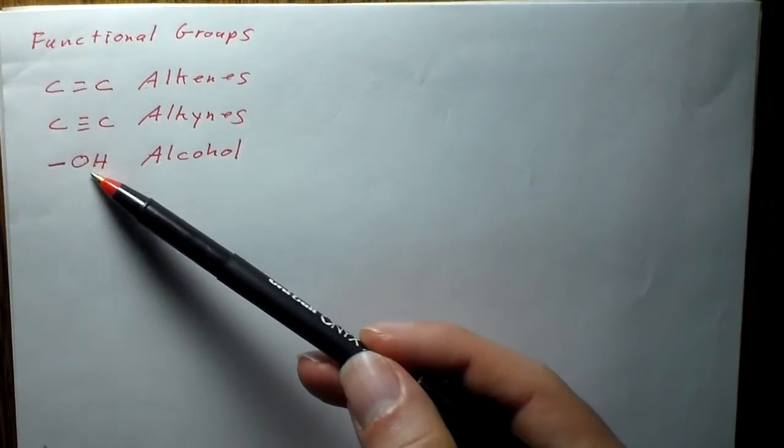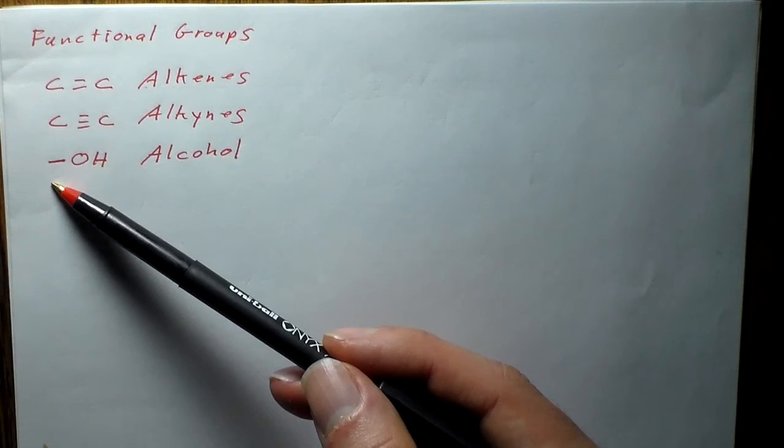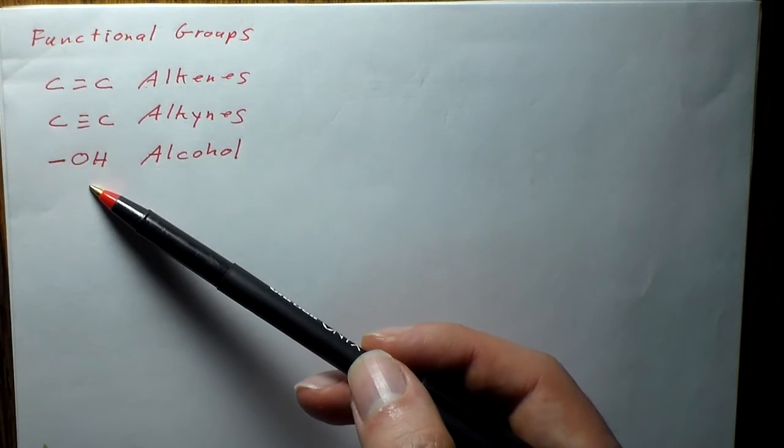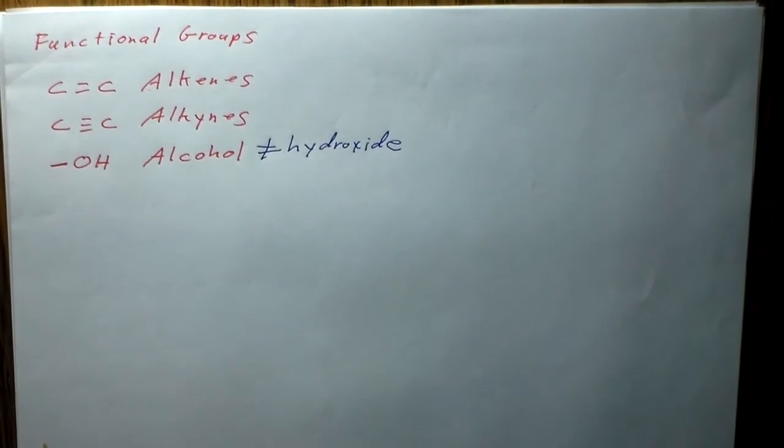Now again, if you have this OH and it is bonded to a carbon, that is an alcohol. This is not hydroxide, okay? So don't confuse the OH and think it's a base or a hydroxide. It's completely different if you're dealing with something attached to a carbon like this.